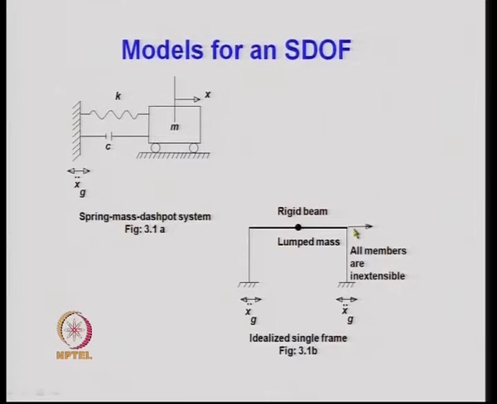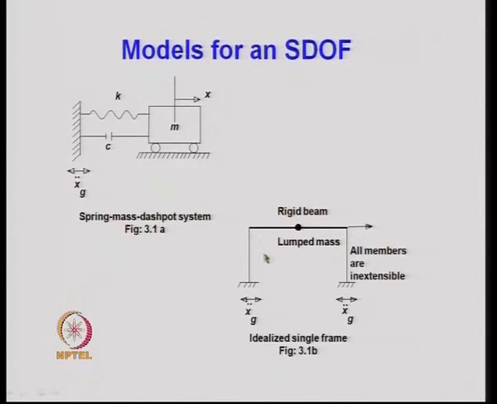For a unit sway, the force which is required is equal to 12 EI by L cube for this column, 12 EI by L cube for this column, or in other words 24 EI by L cube will be required to produce a unit displacement over here. So, we can say that the stiffness constant for this particular frame is equal to 24 EI by L cube.